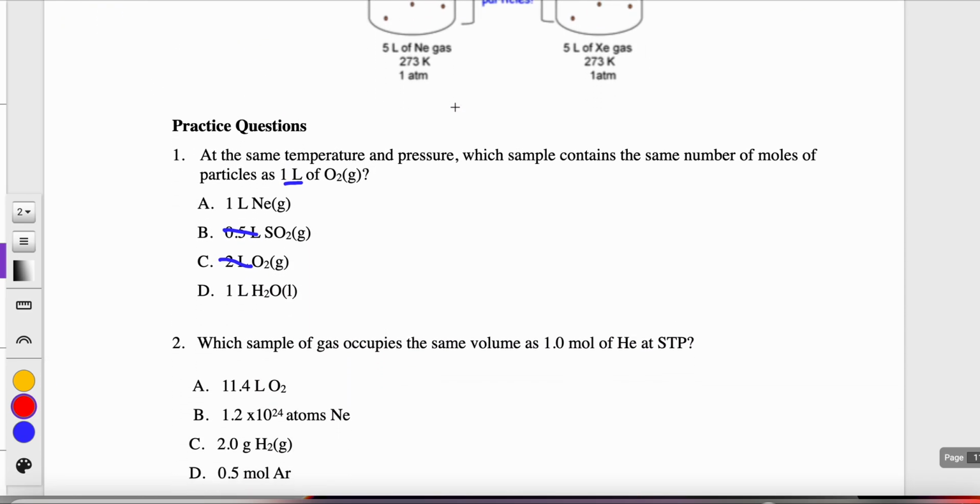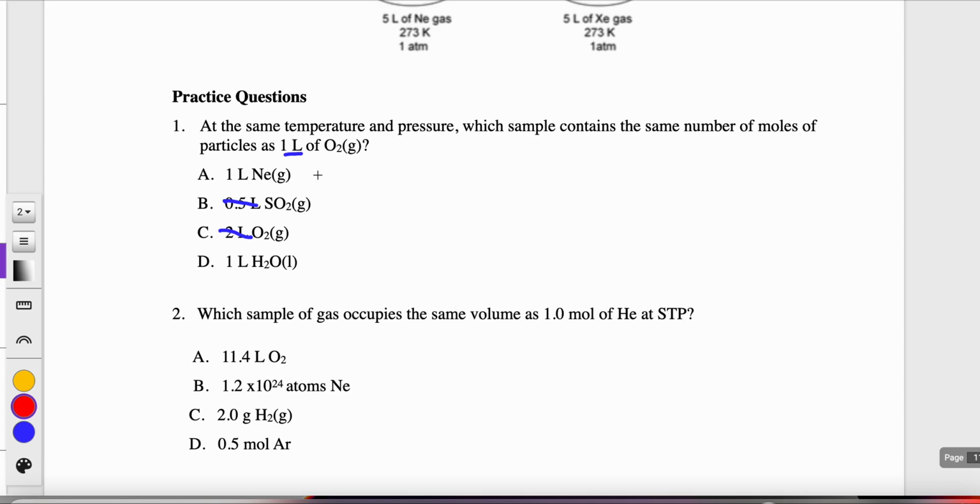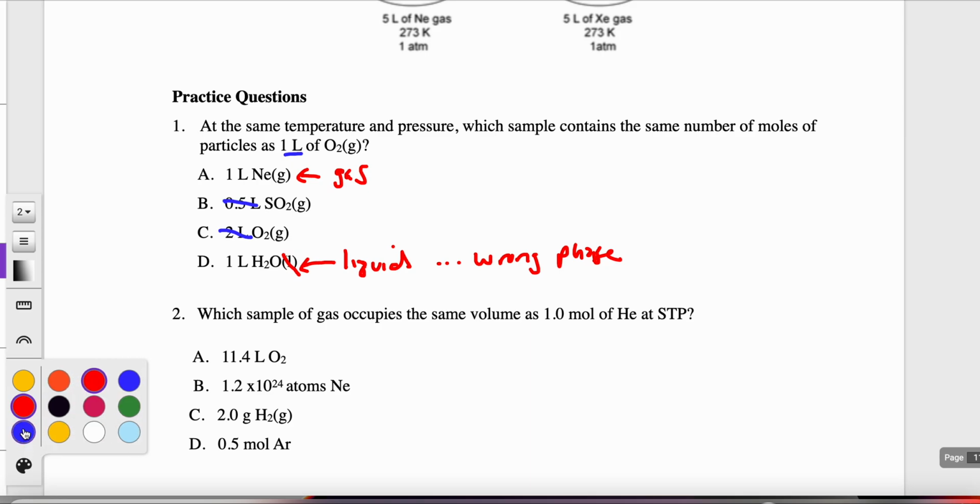When you take a look at these 2 responses, this is a gas, but when you look at response D, this is a liquid, which means for this question, this is in the wrong phase. So D is not the best answer because of the wrong phase. So A is the best answer here.